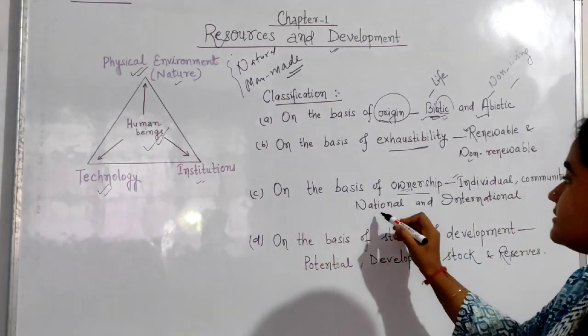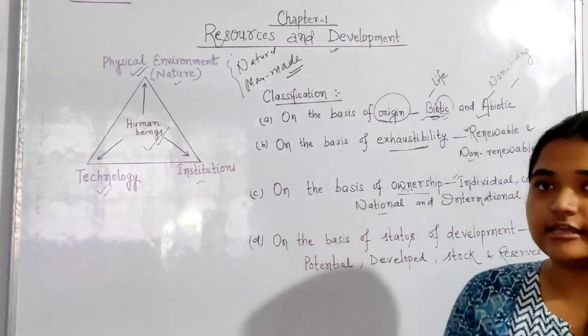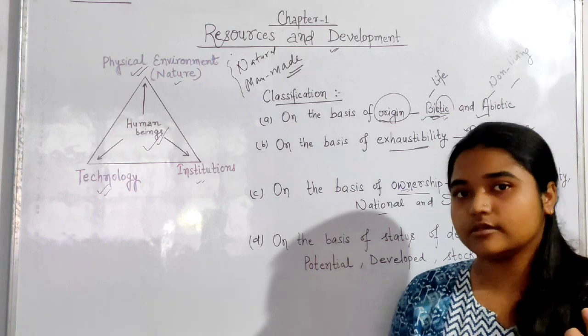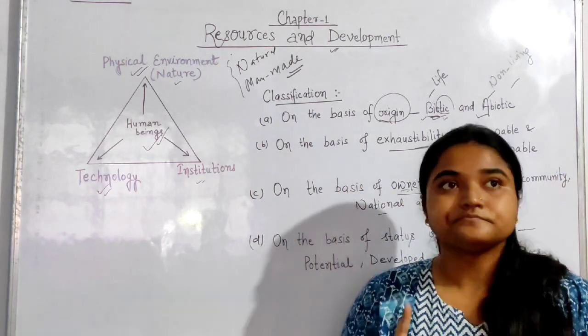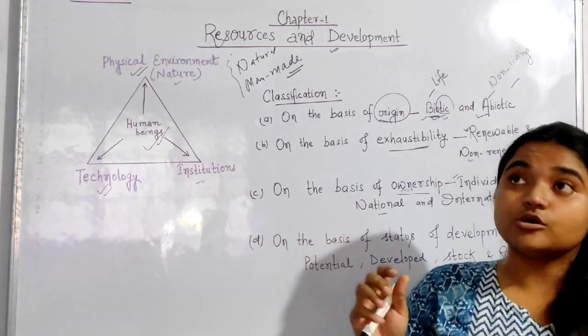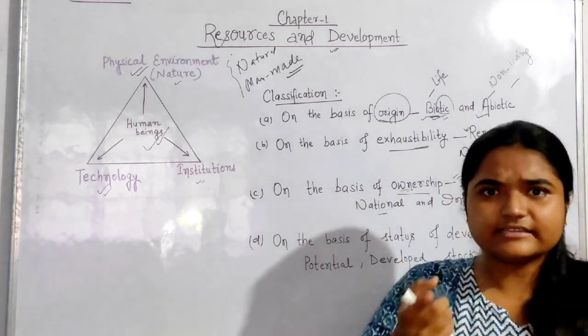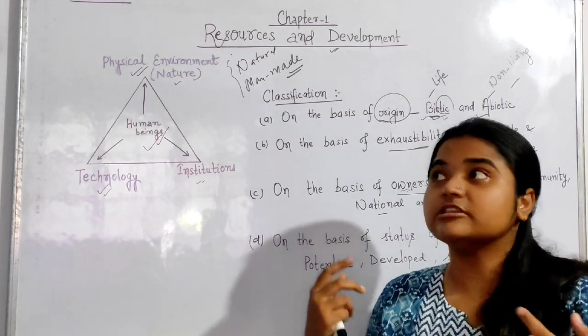Okay. Next is national. By the word national, we understand that it is talking about a country, isn't it? It means which is for the whole country. Like we give votes, isn't it? So is it that only I will be giving the vote?